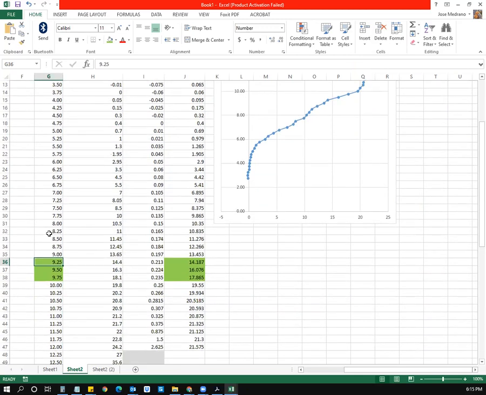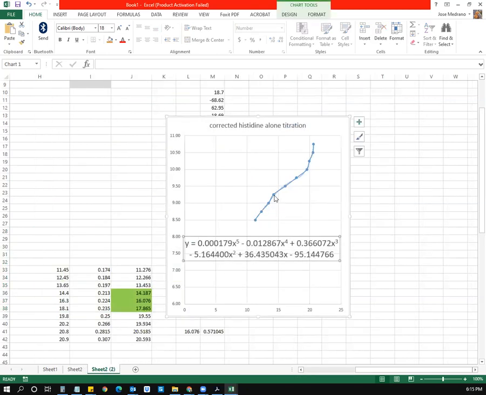But I can take this surrounding data, graph it, and use a trend line. Excel is not really the best way to do this, because regression analysis is probably not the best compared to other software suites like MATLAB and Prism and so on.